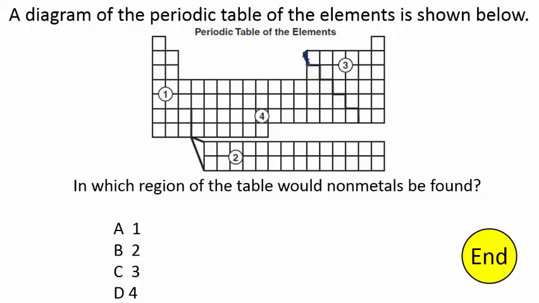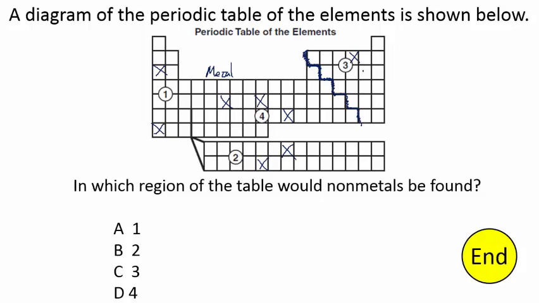What you got to look for is this staircase line. And I'll highlight it just a little bit better here. This staircase separates the metals from the nonmetals. So everything to the left of the staircase is considered a metal. So if the element is in any one of these boxes, including down here, including over here, it is considered a metal.